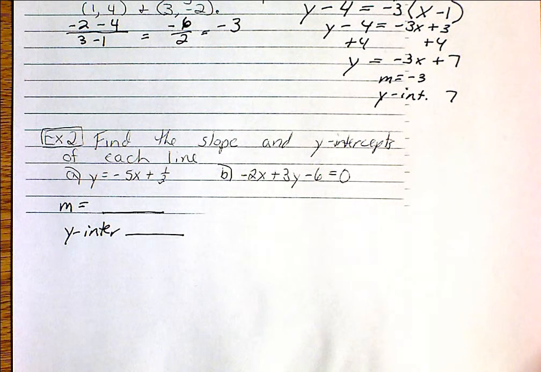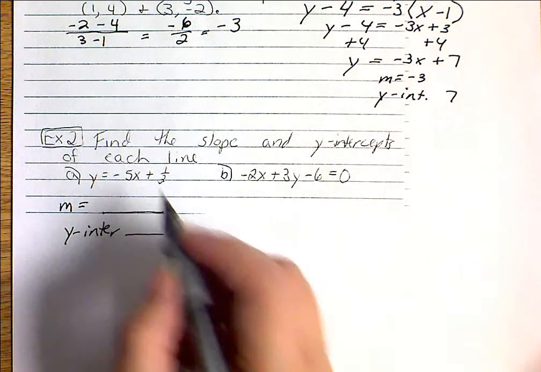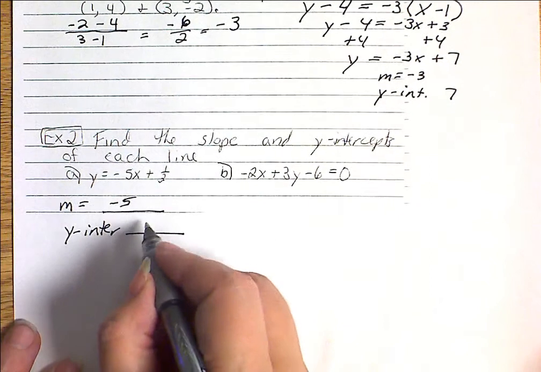Alright, you can keep that if you want. Lucas, what's my slope? -5, and my intercept? 1/3, that's right.